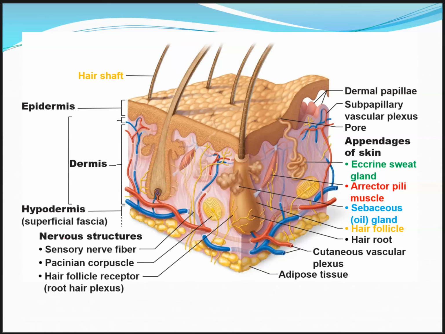So the integumentary system contains some important appendages that you need to know of. Appendages meaning attachment. And appendages of the skin include the sweat glands, which help in cooling the body. So the sweat glands are present in the dermal layer of the skin, and they produce clear secretions, which is mostly water and nitrogenous waste.